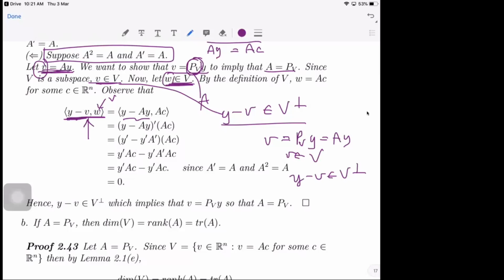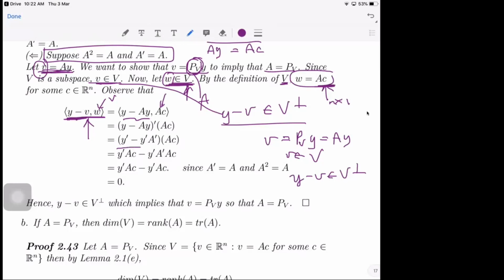Since W is in V, a subspace, the vectors in V look like AC, where C is an n by 1 vector multiplied by A. So suppose this is the form of W, AC.